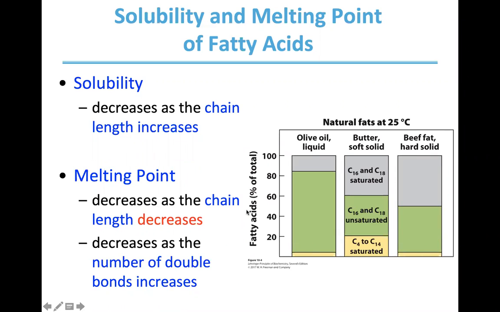So this picture shows that if we talk about fatty acids, fatty acids are one major type of lipids. You can have long chain fatty acids, and they can be saturated, meaning that they don't have any double bonds.